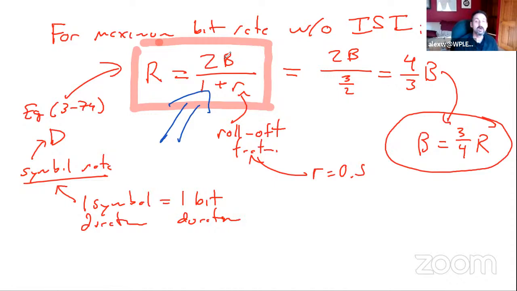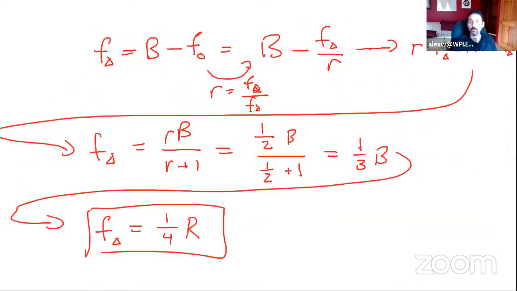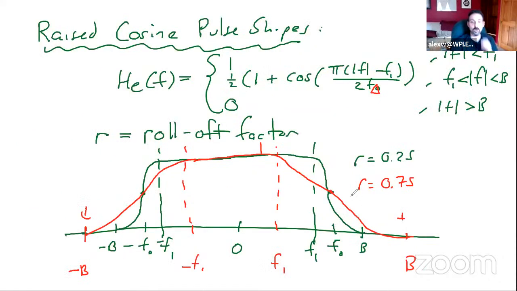Because of the ends of the raised cosine pulse, you might say, oh, that's my entire bandwidth. No, you can't. Conceivably, your equivalent pulse shape, if you didn't have a raised cosine pulse, would be contained within minus F naught to F naught.